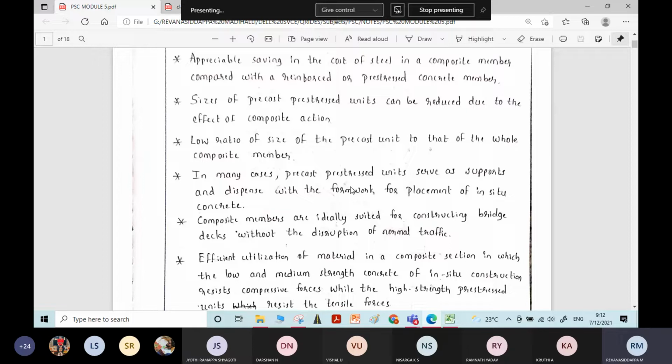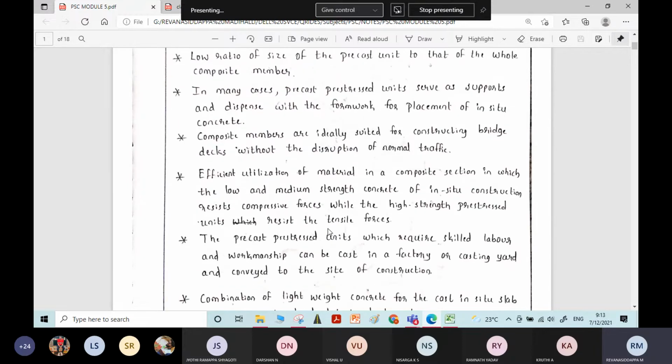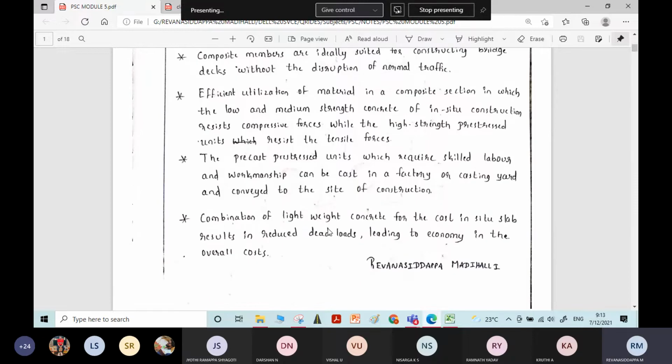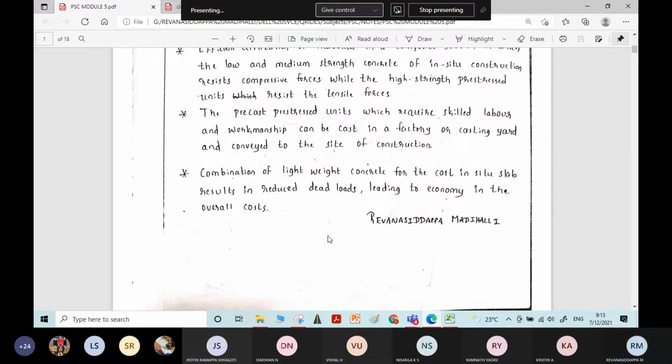But instead of going for a pre-stressed concrete slab, if you go for a normal RCC slab, then it doesn't require any skilled labor. As we do normal RCC slab construction, in the same way we can perform the construction. That is also one of the advantages.